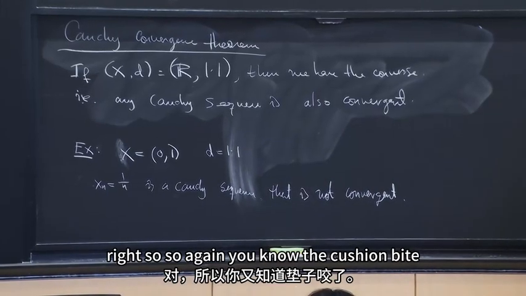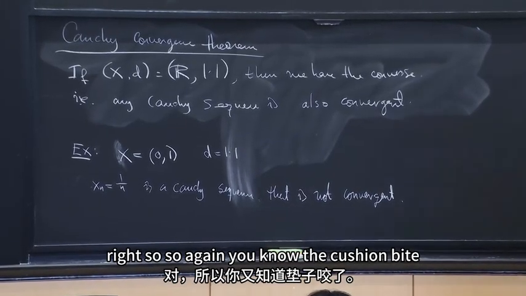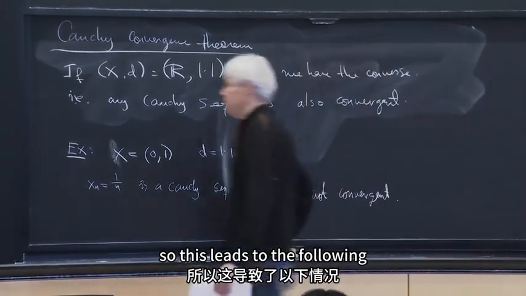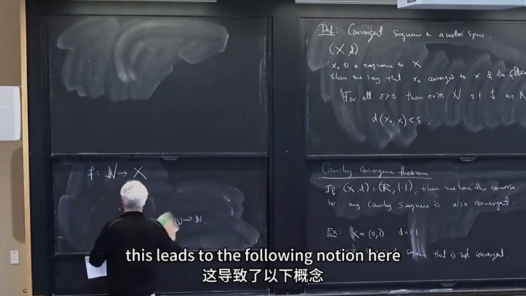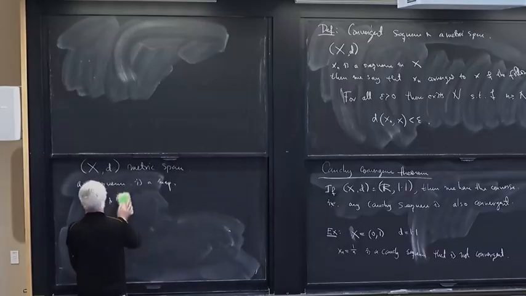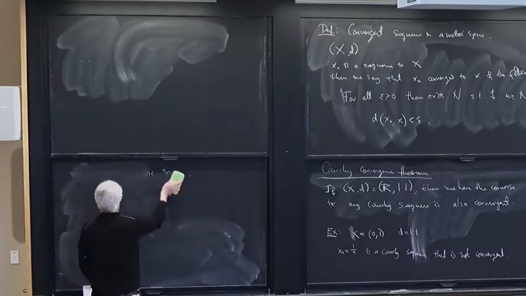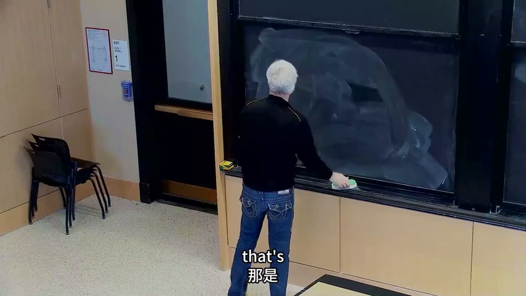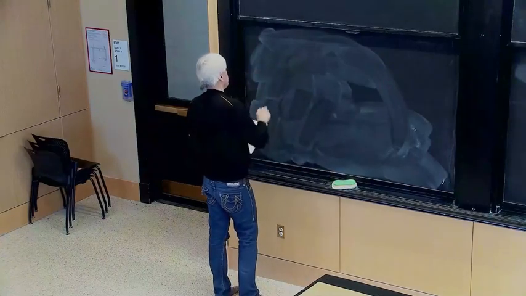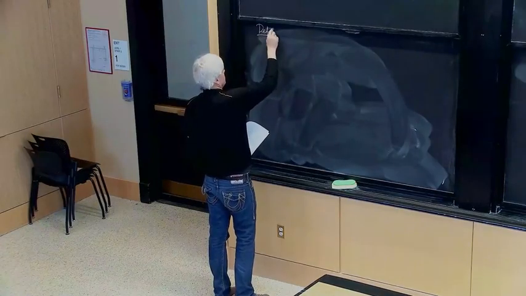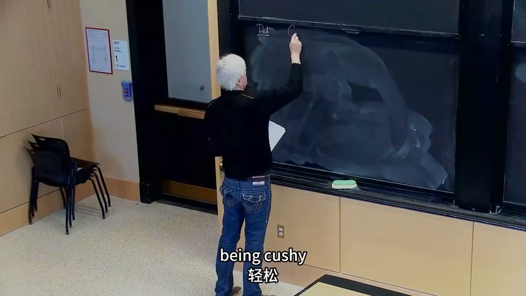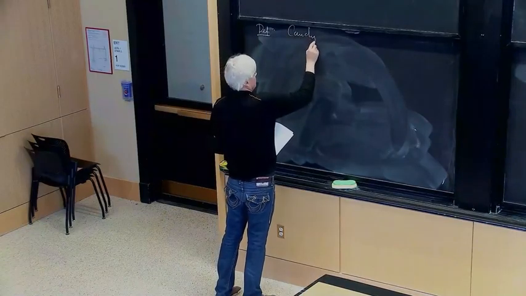Right. So this leads to the following notion here. This is the following definition of being Cauchy complete.